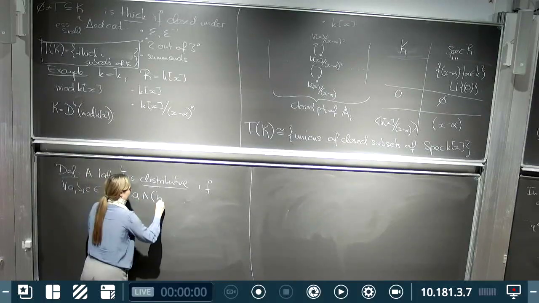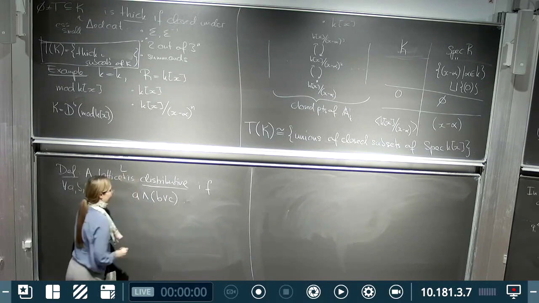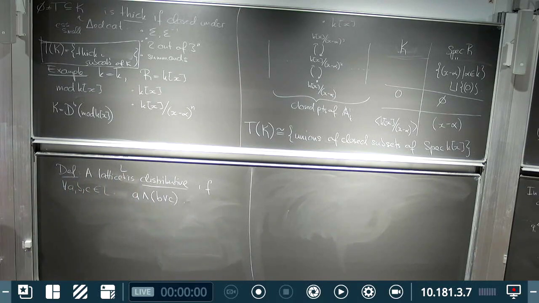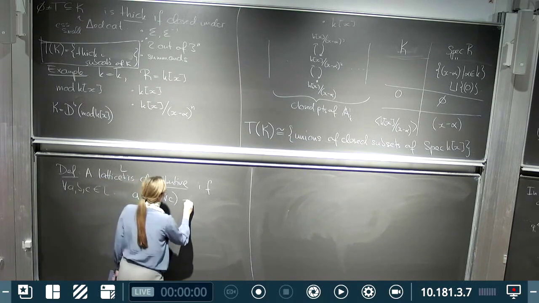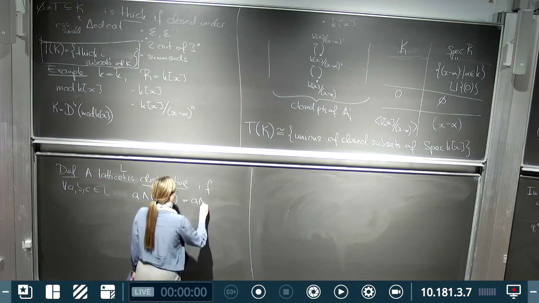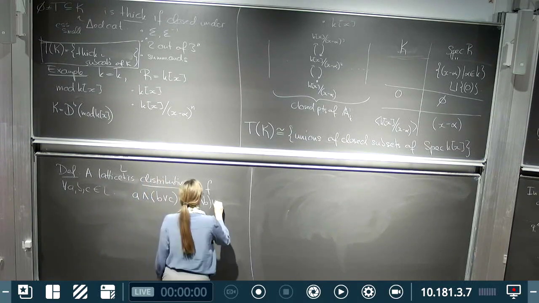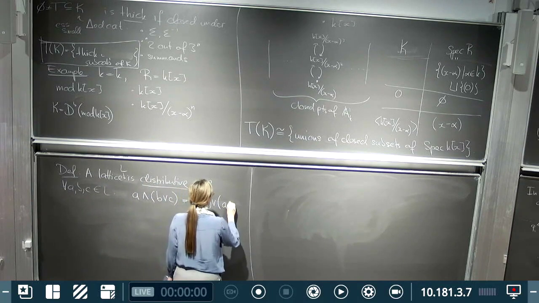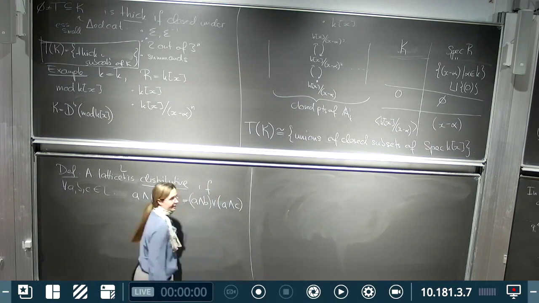So if we take the meet of A with the join of B and C, then we can pull in the meet: this is the meet of A and B, joined with the meet of A and C.